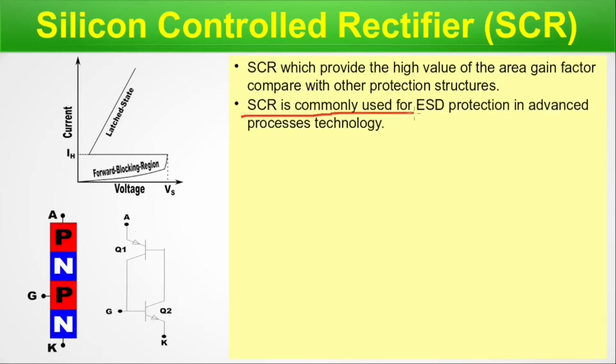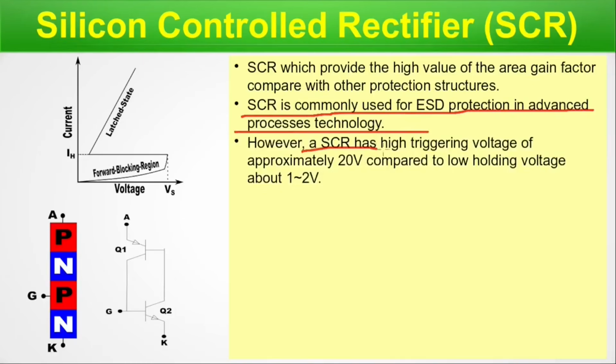SCR is commonly used for ESD protection in advanced process technology. However, an SCR has a triggering voltage of approximately 20 volt compared to a low holding voltage of 1 to 2 volt. This is 1 to 2 volt and this is around 20 volt. Triggering happens at 20 volt and it snaps back, the voltage goes back to 1 to 2 volt, and high current flows. This is the beauty of SCR.